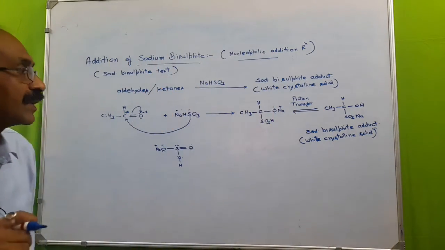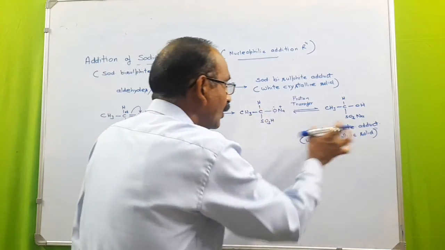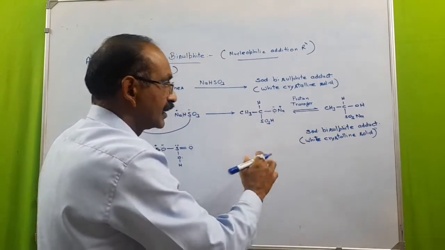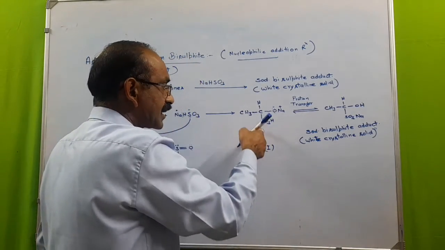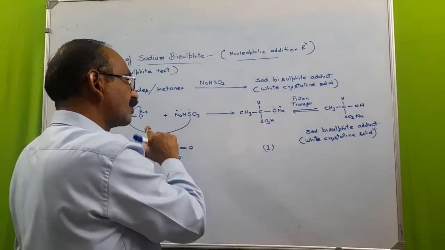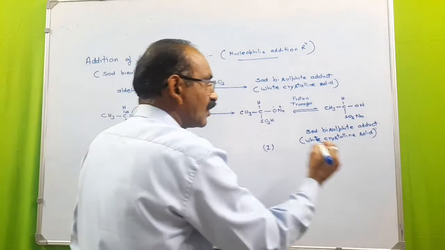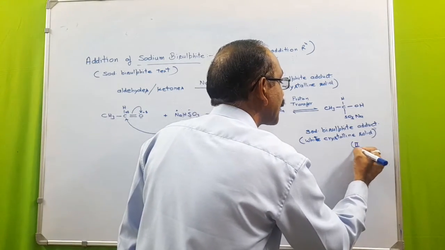Is it clear? See, here why the proton exchange occurs. In order to understand this, let the structure obtained by the addition of sodium bisulfite be the first structure and this one the second.